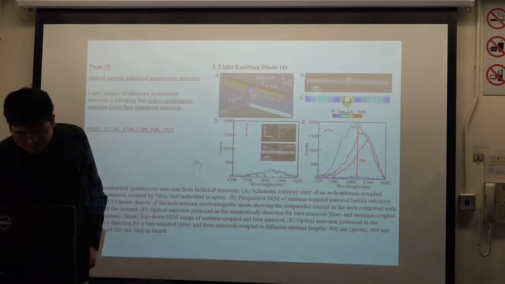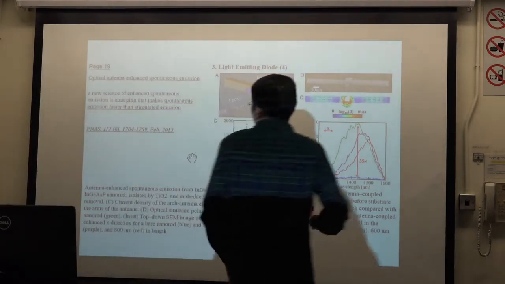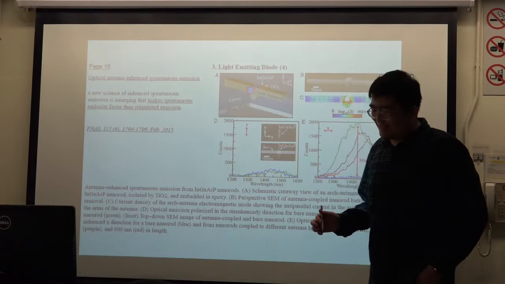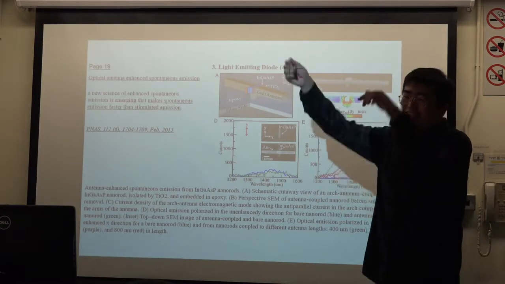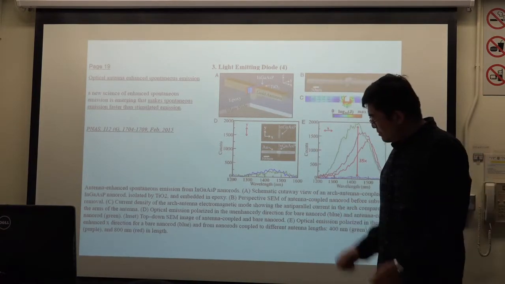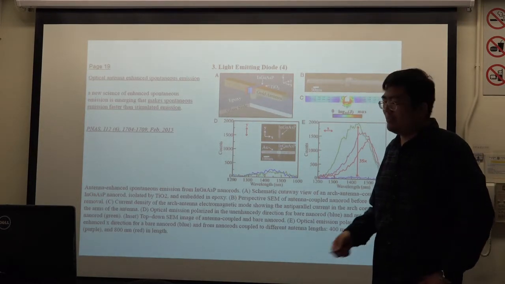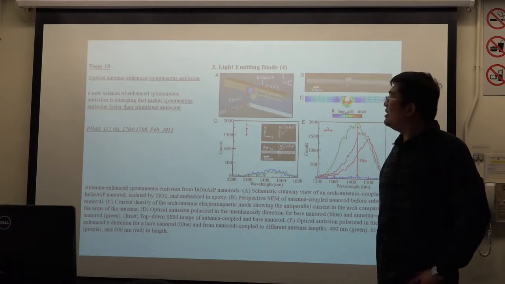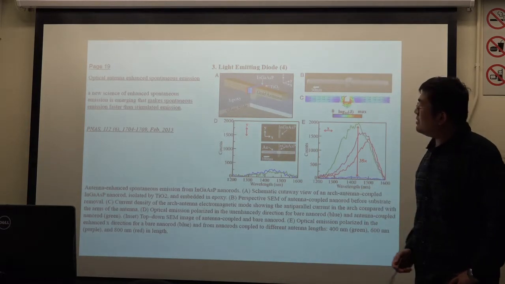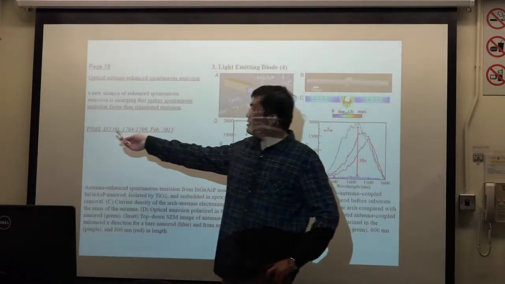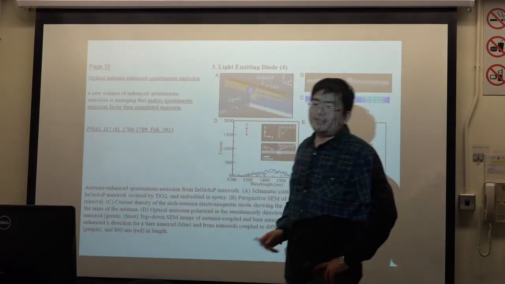Another interesting thing is very recent work by Yablonovitch. Everyone remembers that he used the 3D photonic crystal, right? He also did work on conformal surfaces for solar cells, a very famous person who also invented the photonic crystal. This one is about spontaneous emission, published in PNAS, quite recent.